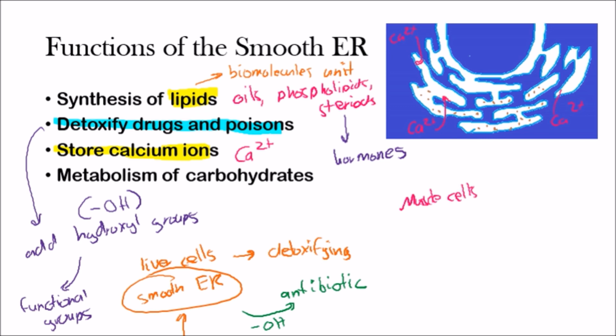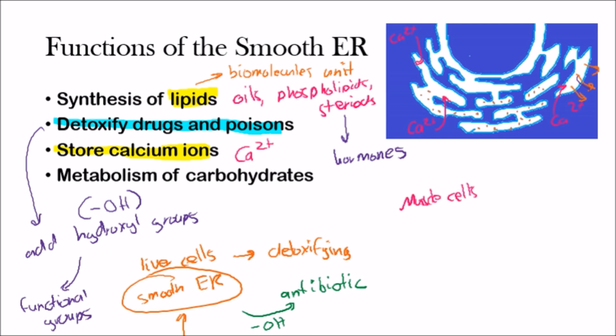And there will be a buildup of the calcium ions in muscle cells. Then eventually you get this huge buildup of calcium ions within the smooth ER, and then suddenly there's an outflow of the calcium ions back into the cytosol. Let me use a different color to show you that. There's an outflow of calcium ions back into the cytosol.